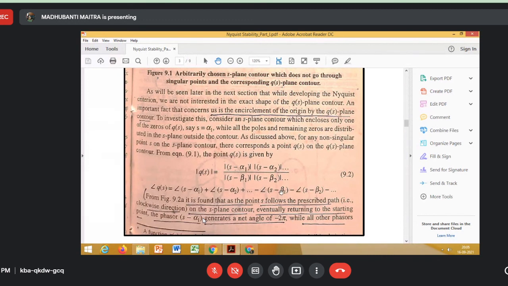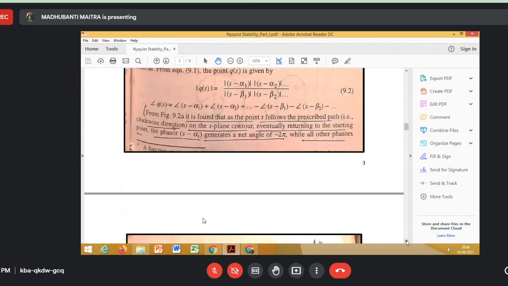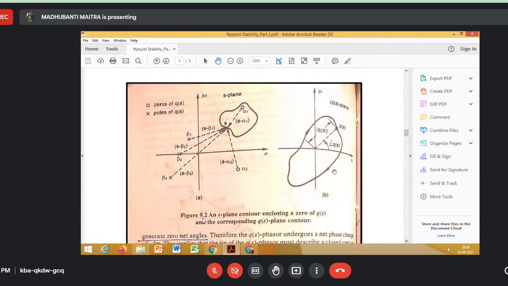So this time it will be the anti-clockwise rotation. Yes, anti-clockwise rotation means the QS plane contour will encircle the origin of the QS plane once in the counterclockwise direction.